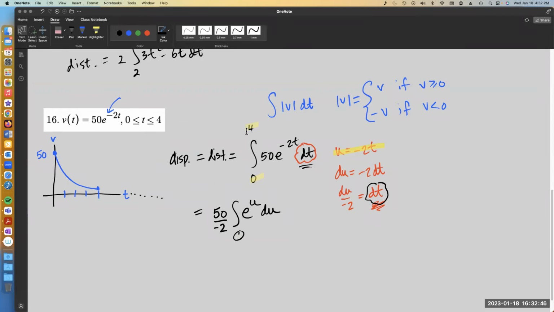If we plug in t equals 4 right there, we get that u is equal to -8. So now we've converted our limits. Now we can integrate, and we know the exponential function, coolest function of them all, it is its own derivative, it is its own integral. So that'll be e to the u, 0 to -8.